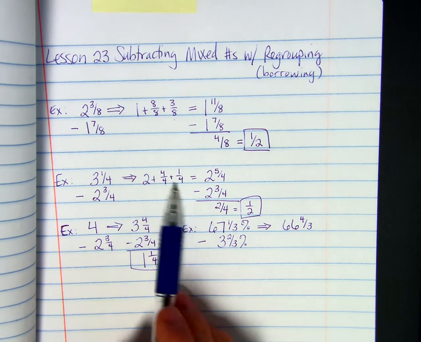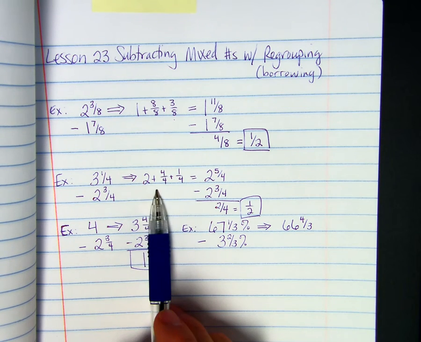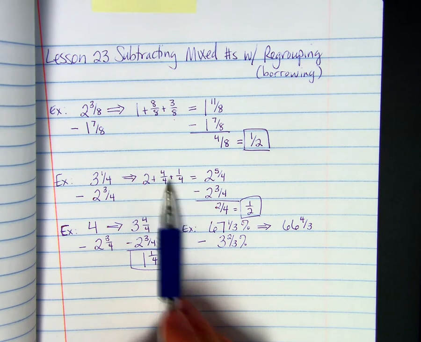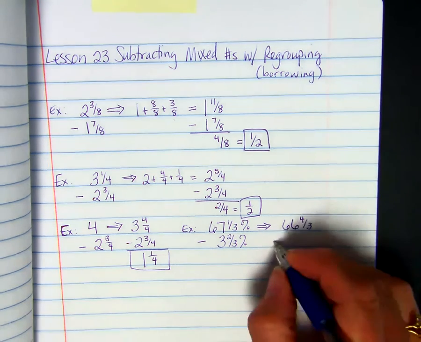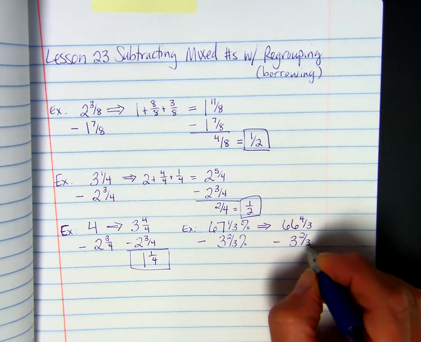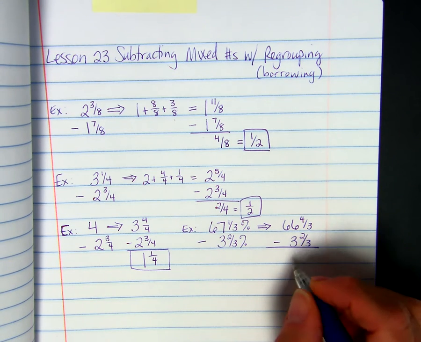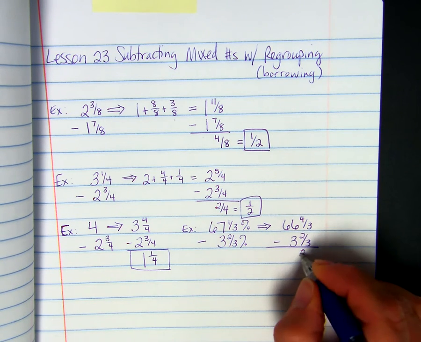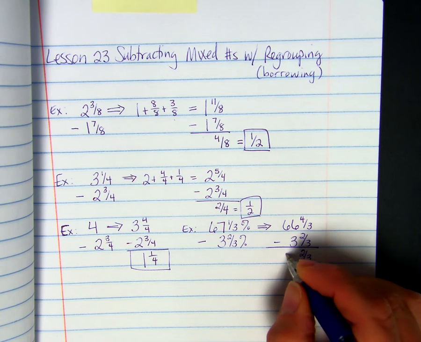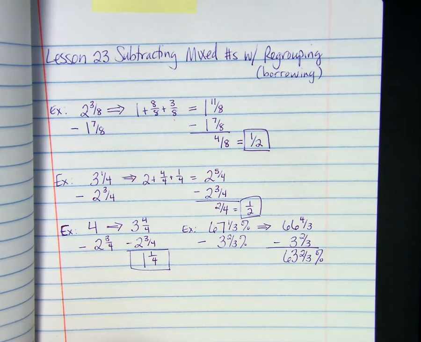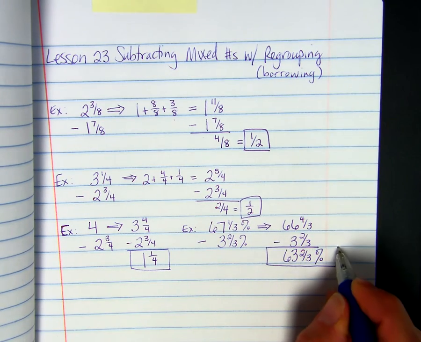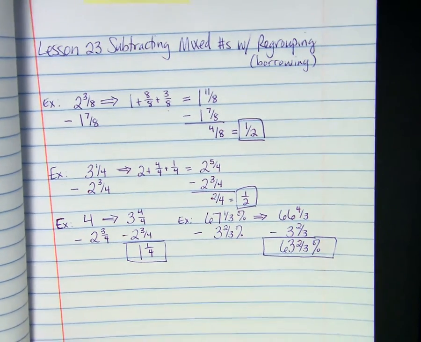So I skipped this step where I wrote out the whole number as 3/3, and I just automatically added 3/3 to the 1/3 to get 4/3, minus 3 2/3. 4/3 minus 2/3 is 2/3. 66 minus 3 is 63. So it'll be 63 2/3%.